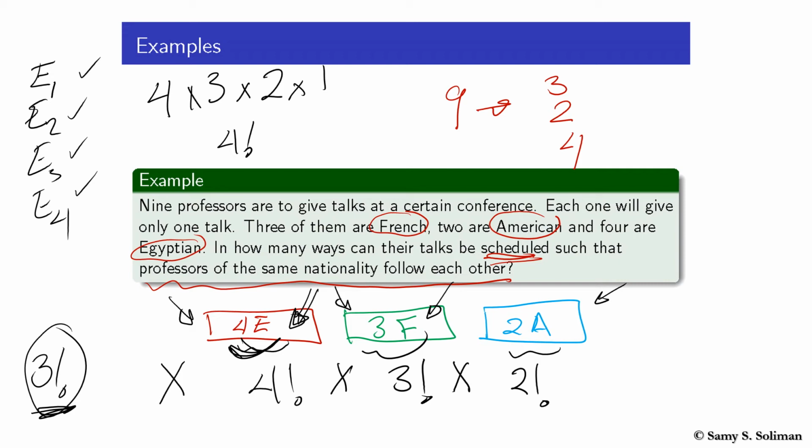Again, to have a full understanding of this arrangement, let's assume that we have the American professors as A1 and A2. So how many ways can they be arranged?